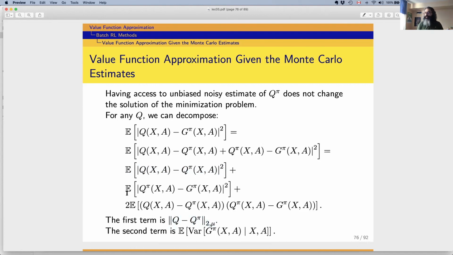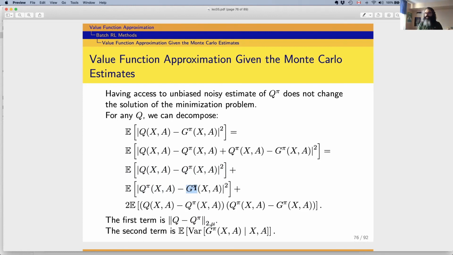The second term is the difference between Q^pi and G^pi. G^pi is a random version of Q^pi because it is unbiased, so its mean is the same as Q^pi. It fluctuates around Q^pi.